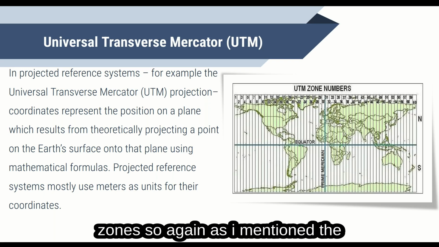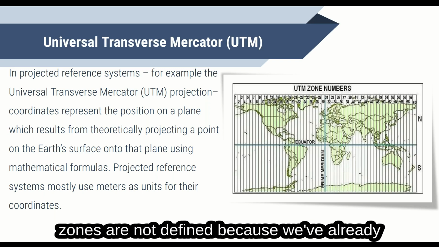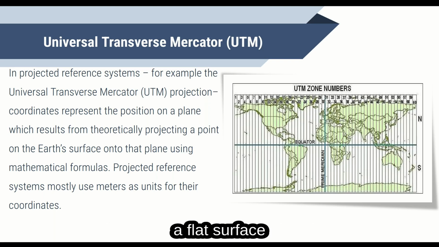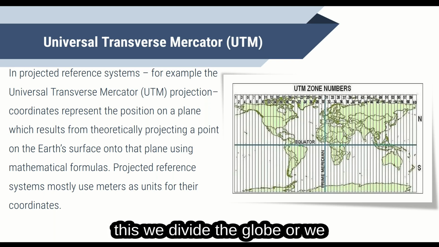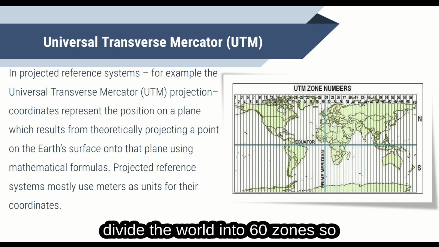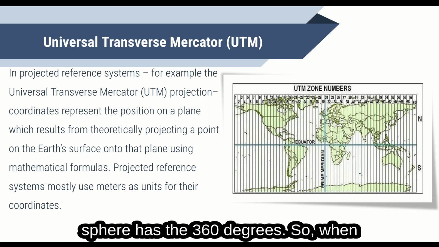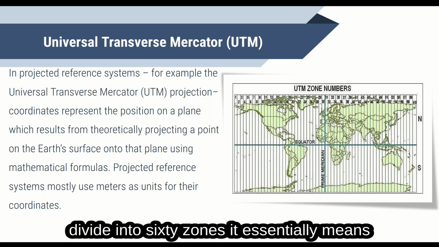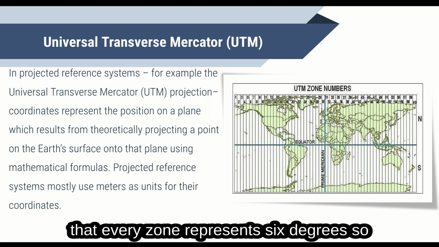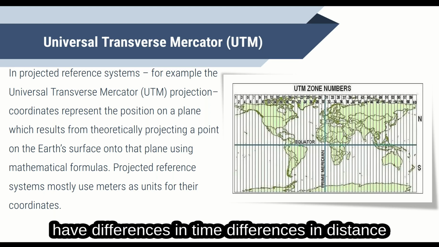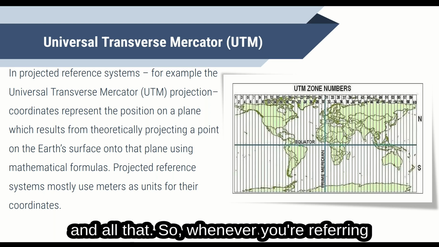Again, as I mentioned, the zones are defined because we've already projected from the sphere to a flat surface. We define the world in 60 zones. We know that a sphere has 360 degrees, so when you divide it into 60 zones, every zone represents 6 degrees. These 6 degrees have differences in time, differences in distance, and all that.